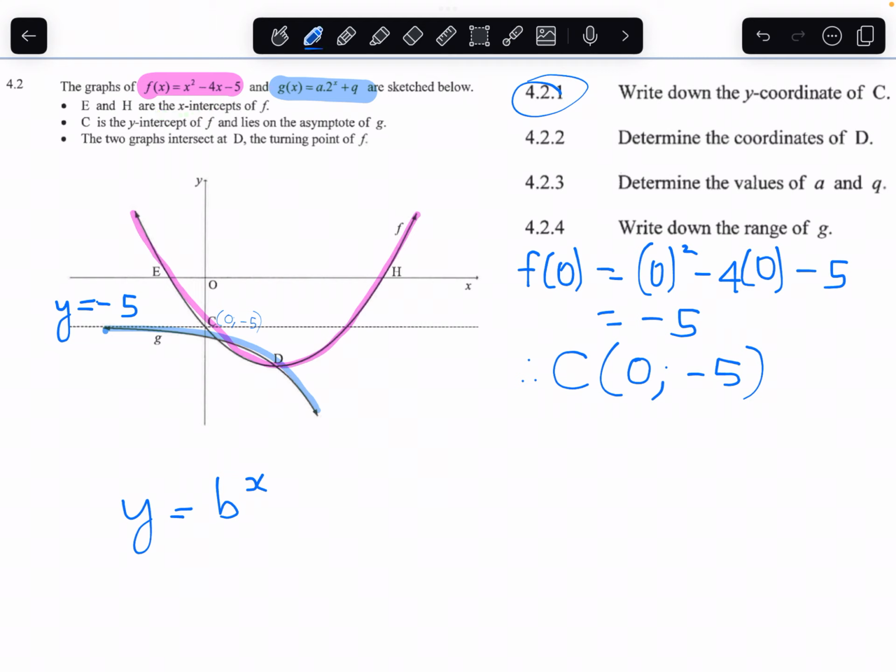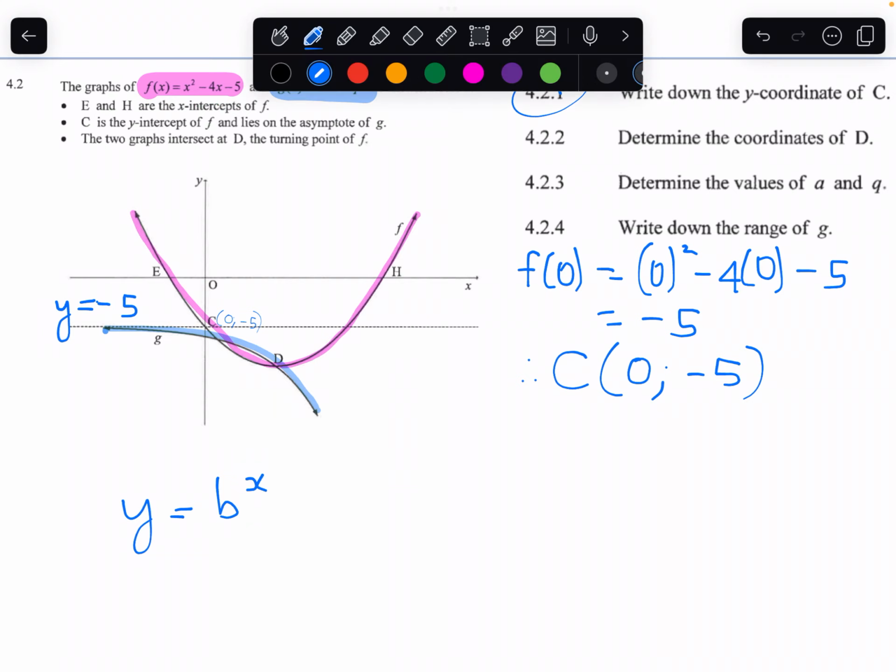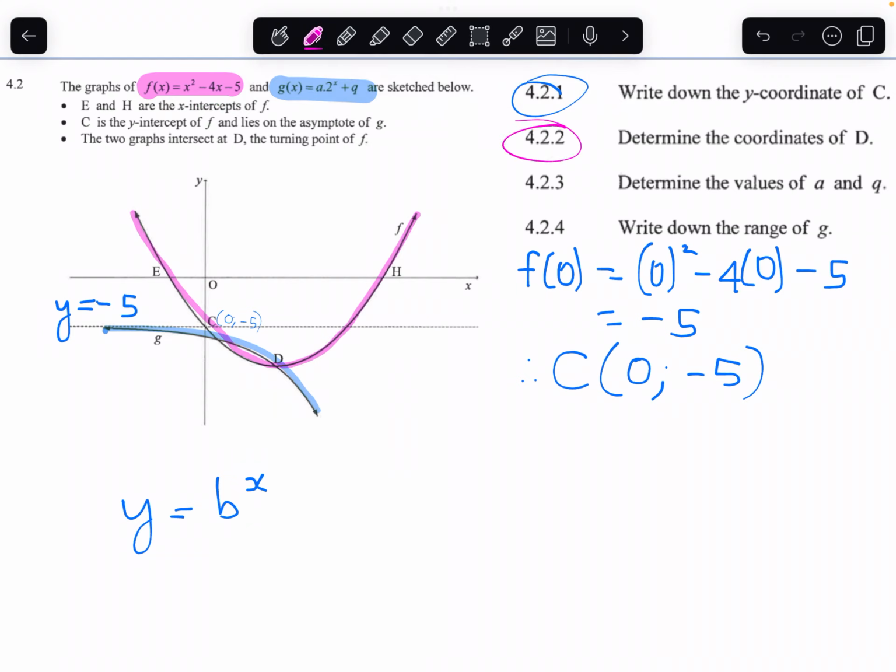And I'm just going to use that formula that says that the x-coordinate of the turning point of a parabola is negative, let's just write it here, negative b over 2a, right? Given that your function looks like this.